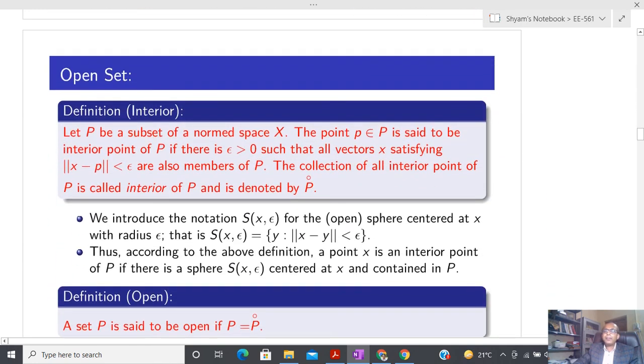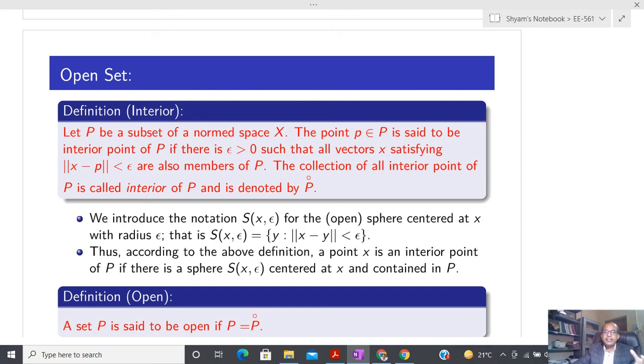Now what happens, so far I am able to introduce the notion of distance. Now with the notion of distance or notion of norm, I can define a lot of concepts inside abstract algebra, linear algebra, or inside calculus also. One such concept is very important whenever we are defining some kind of dynamical system.